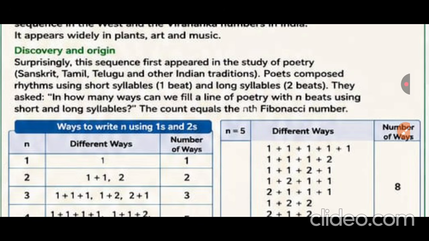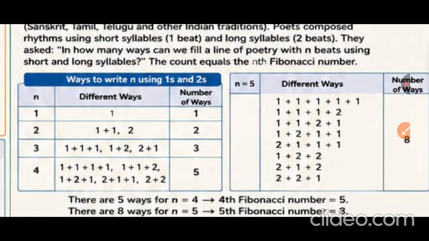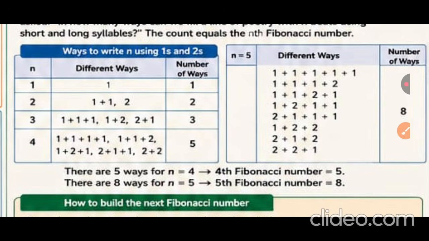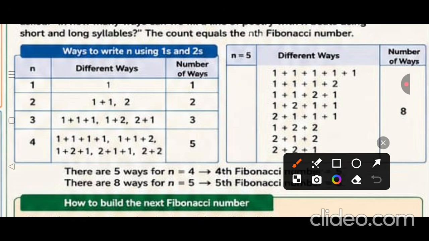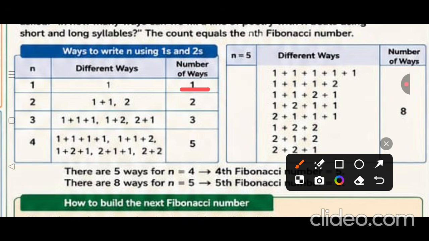So let's see in this table the ways to write a number of beats using one syllable or two syllables. If the number of beats is 1, there is only 1 way to write it. If we have 2 beats, we can write it in different ways: 1 plus 1, short plus short, or only a long syllable.